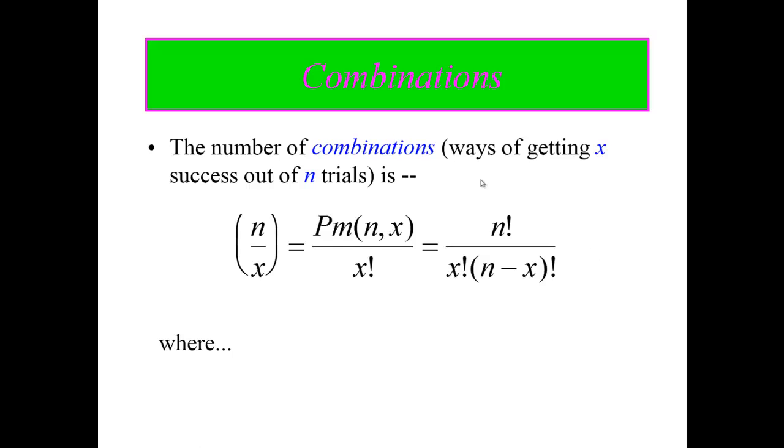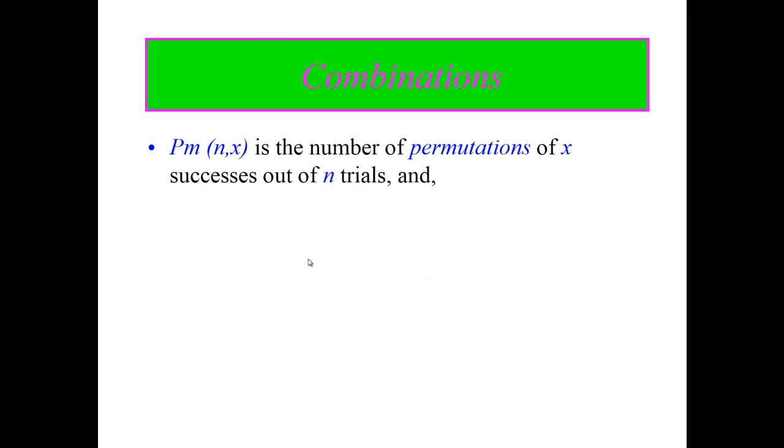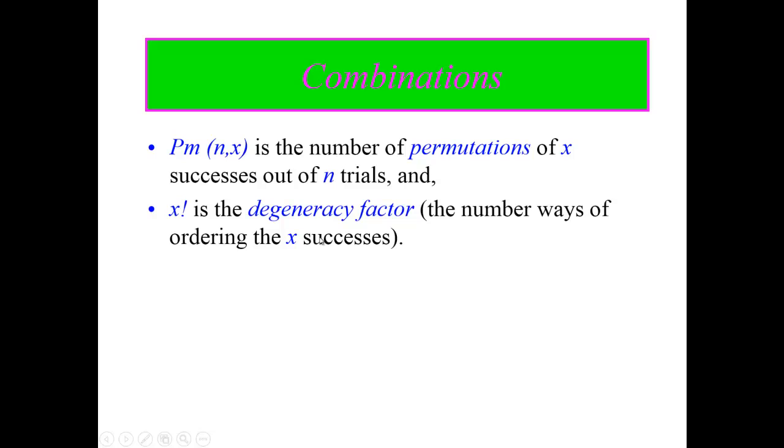So P sub m, the notation here, is another way of writing down what's called a permutation. The number of permutations of x successes out of n trials. And then the x factorial that's in the denominator is what's called the degeneracy factor, because the number of permutations takes order into account.